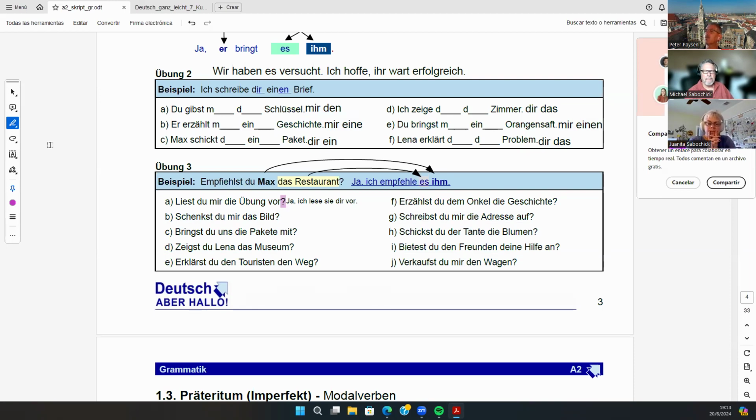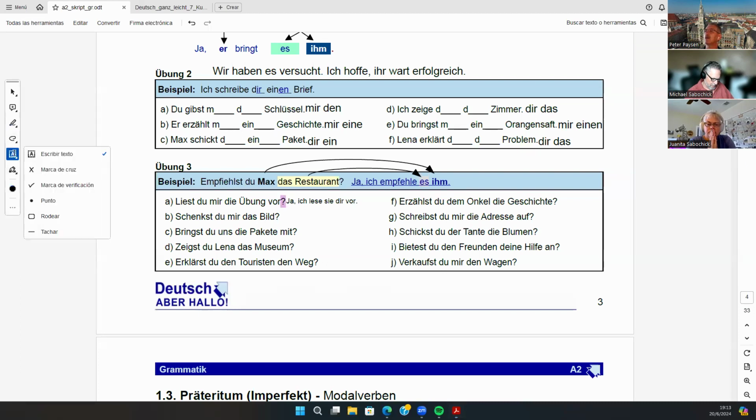So will you read to me or do you read to me? Either one of those is okay for translation.